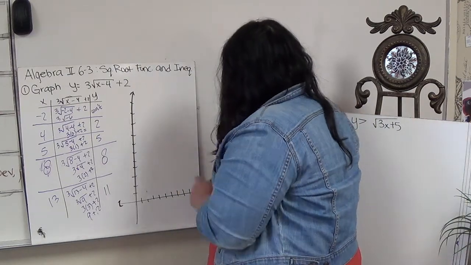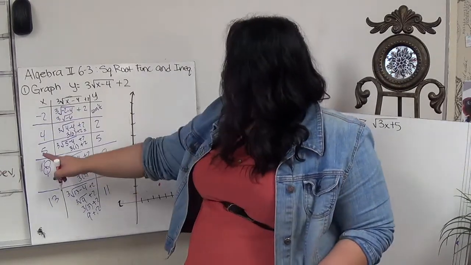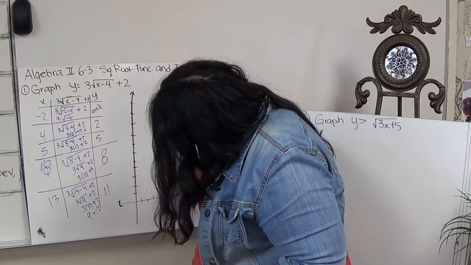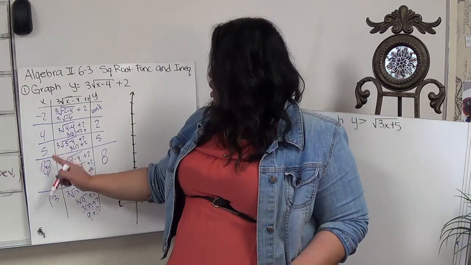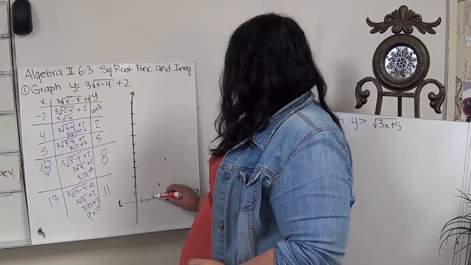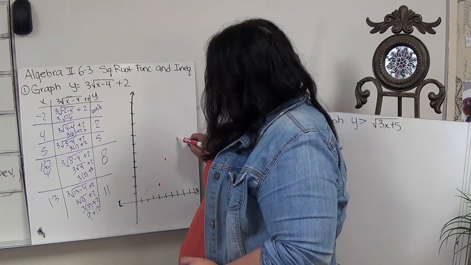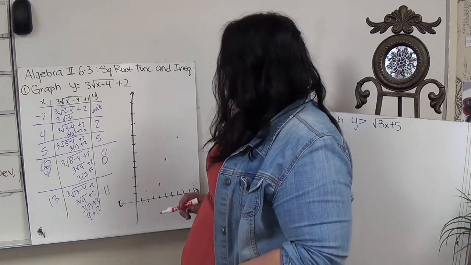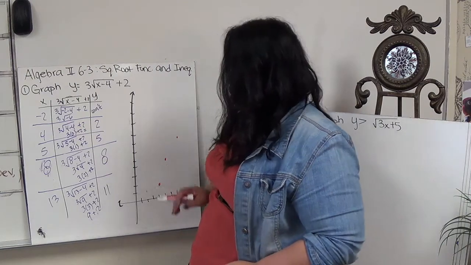Then I'm going to plot 4, 2, then 5, 5, then 8, 8, and then 13, 11. So I know 13, 11 is about here. Three points is enough.